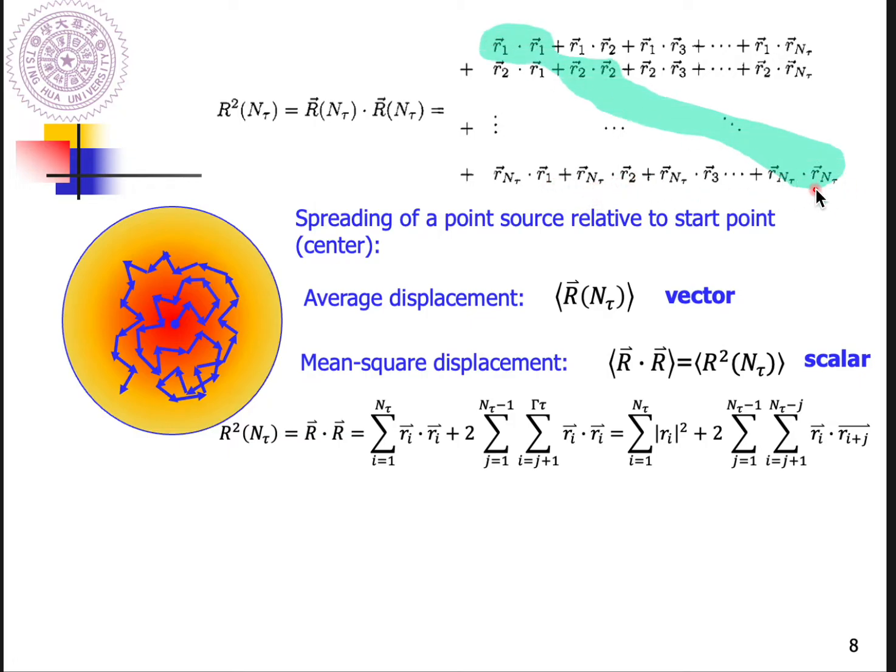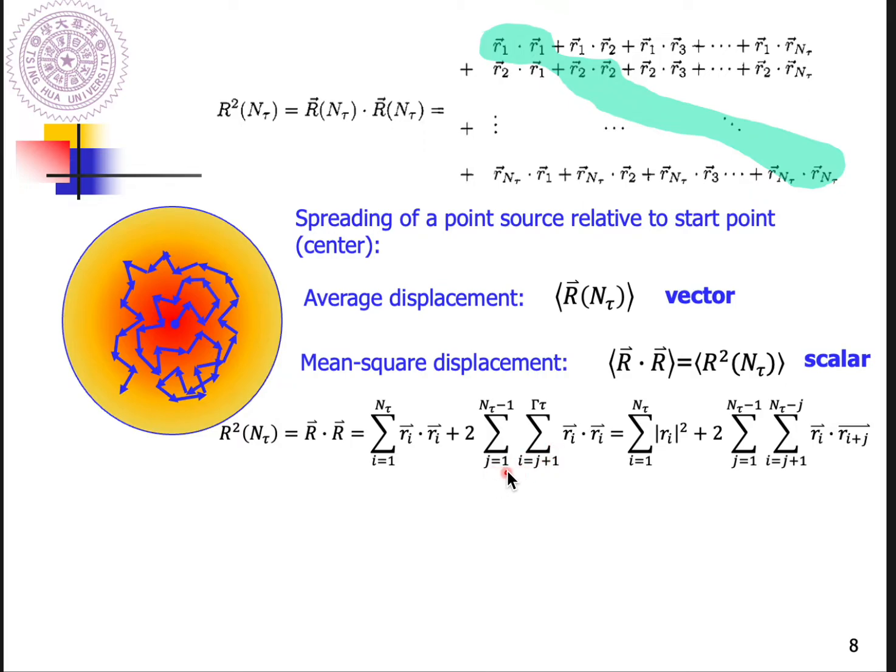The diagonal terms are r1 dot r1, r2 dot r2 and so on. So the first term is ri dot ri, with i from 1 to n tau. And the rest of the portion you can simplify like this: ri dot rj, I think there is probably a typo.